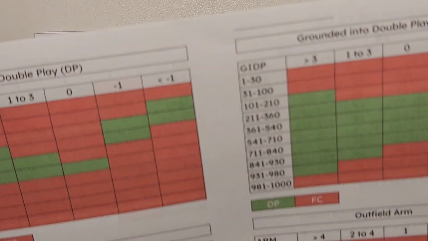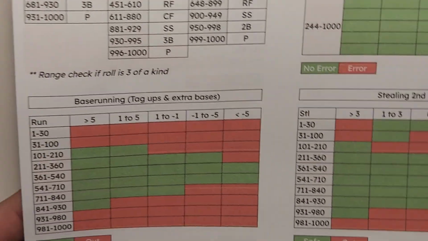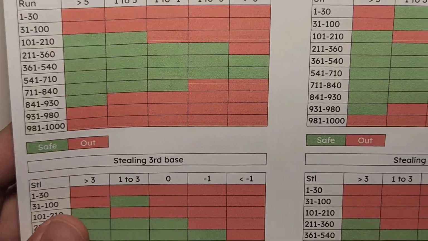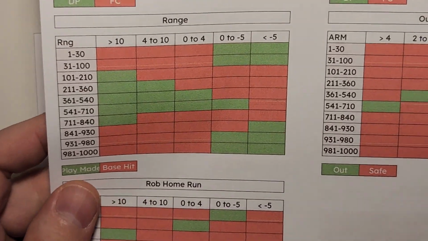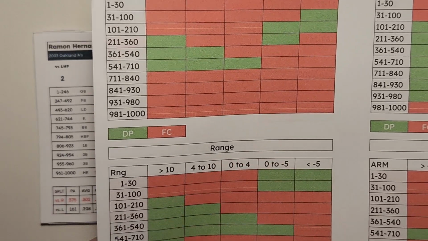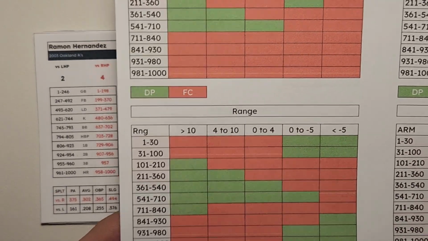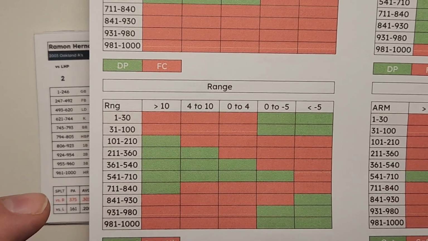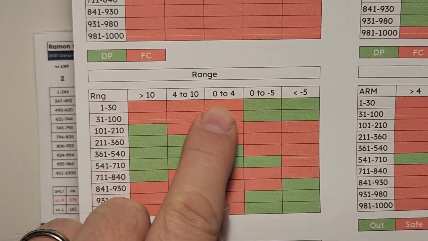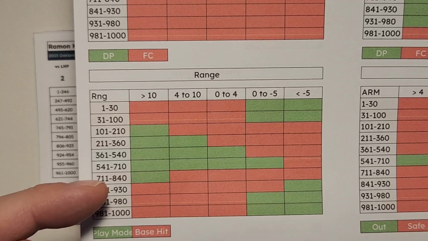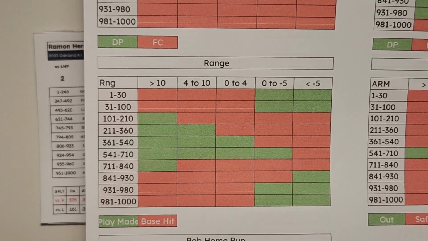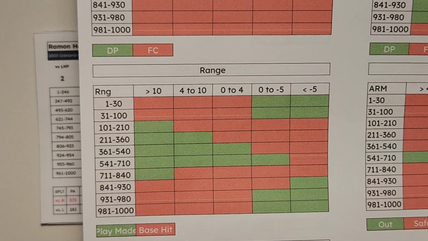we want to find our range chart that's located with the errors and the base running. So I print mine front and back, and on the back side just under the double plays is a chart called range. Now when we're looking at range, we need to find the player's range up here, and then we need to roll the 3 D10s, and then we'll check to see was the play made or was it a base hit.